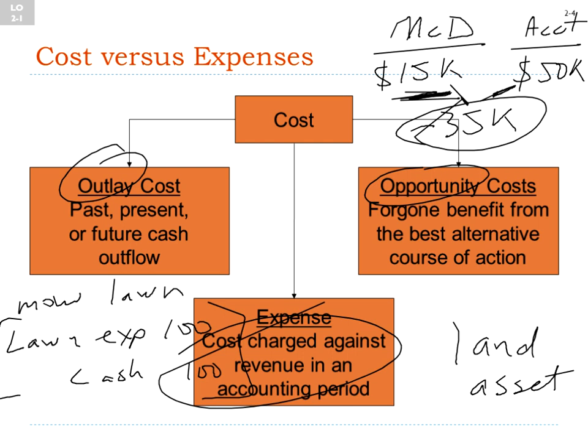Enron was not calling it lawn expense. They were calling it something like lawn asset, something like that. Now, it wasn't lawn service for Enron. It was many other things, but the concept is the same. There were some expenditures, some outlays of cash that were happening, and they should have recorded them as expenses, but instead they recorded them as assets.